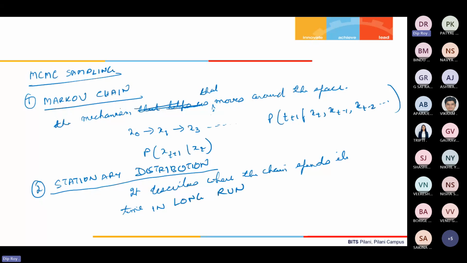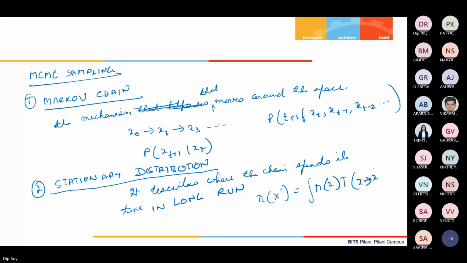So what the stationary distribution is saying is that essentially this probability distribution, this is an arrow, right?